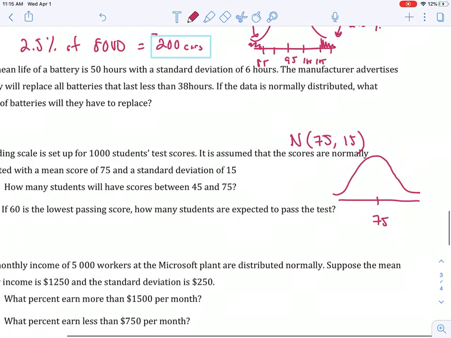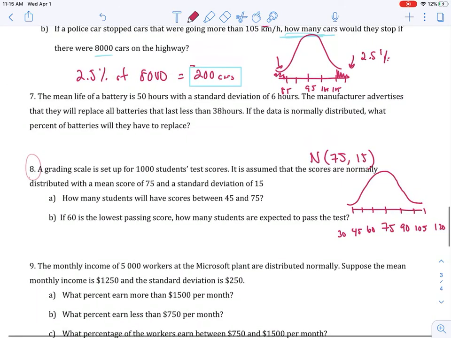Mean 75, and it goes up 1, 2, 3 standard deviations right, 1, 2, 3 standard deviations left. So 90, 105, 120, 60, 45, 30. How many scores are between 45 and 75?